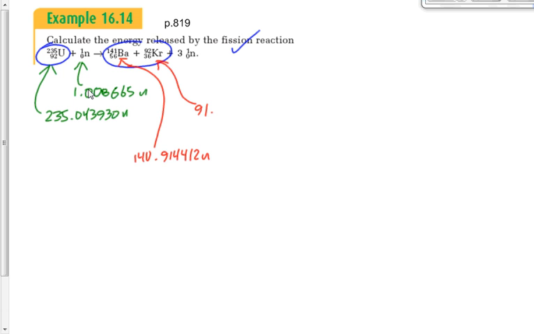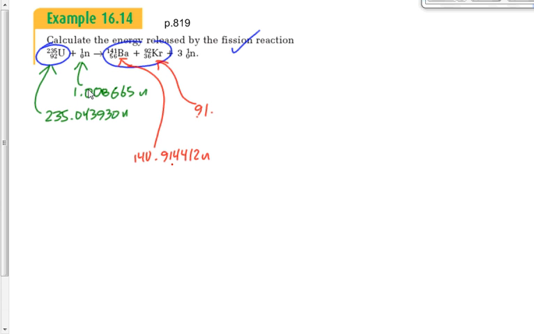Barium-141 is 140 point something. Krypton-92 is 91 point something. Do you notice that on the left side the actual mass is bigger than the mass number? On the right side, the actual mass is smaller than the mass number? Not a coincidence, right? We know we have to lose mass here. And if these numbers aren't smaller, then we're not going to lose mass. We're not going to have a mass defect.